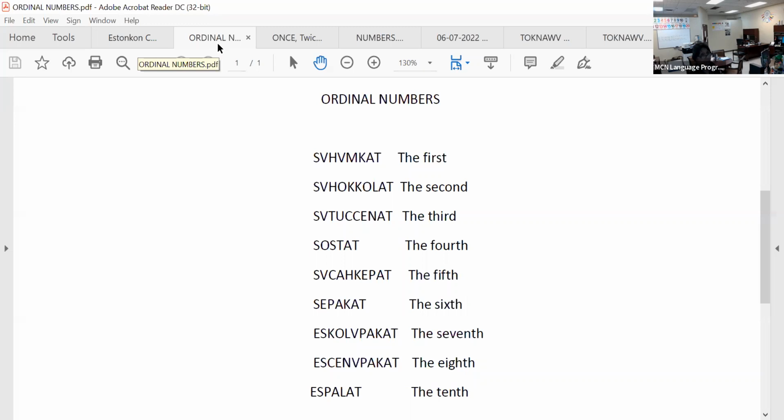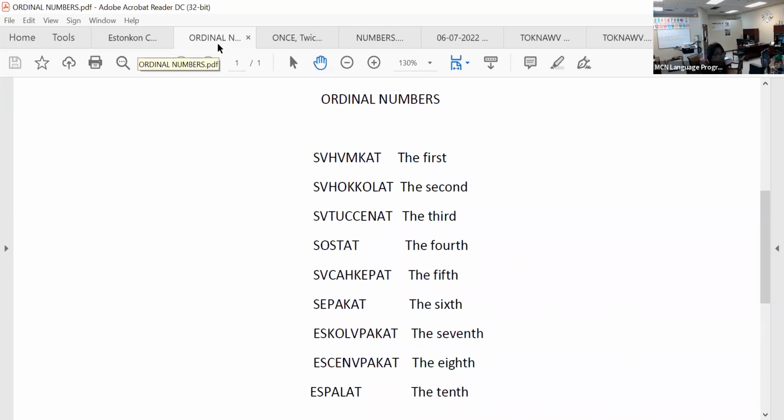The 8th is chinabagat. The number 8 is chinabagan, but when we say the 8th, we say ischinabagat. The 10th is ispalat. Number 10 is balin, but you would say ispalat.